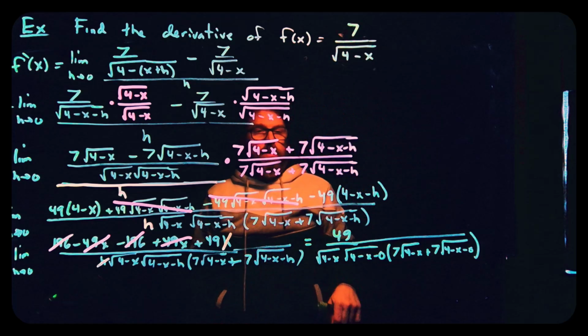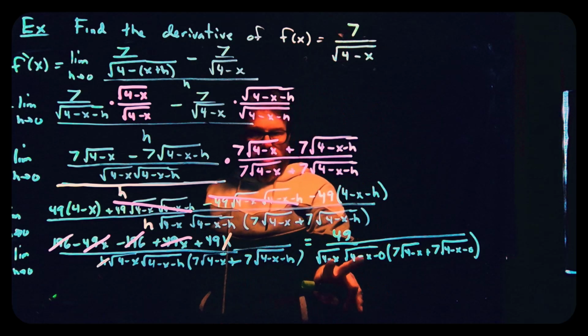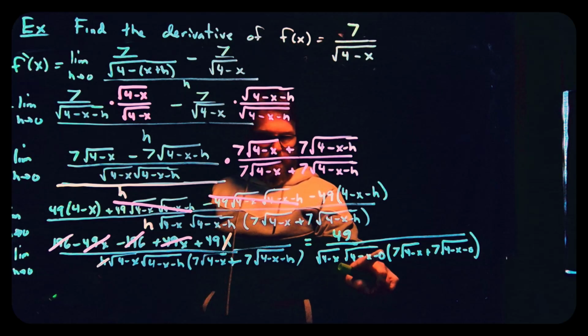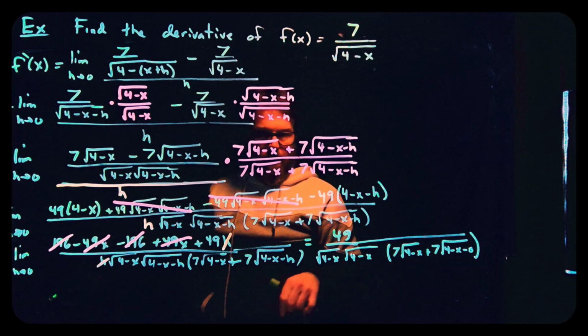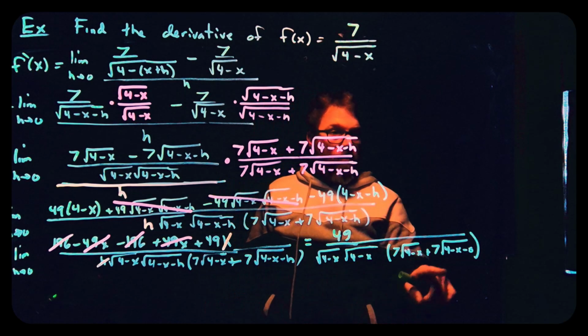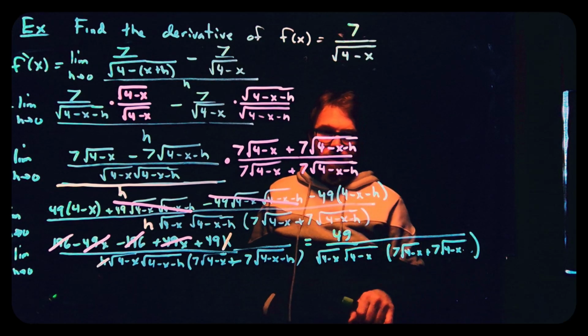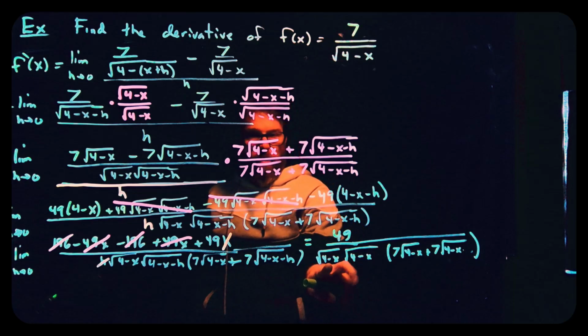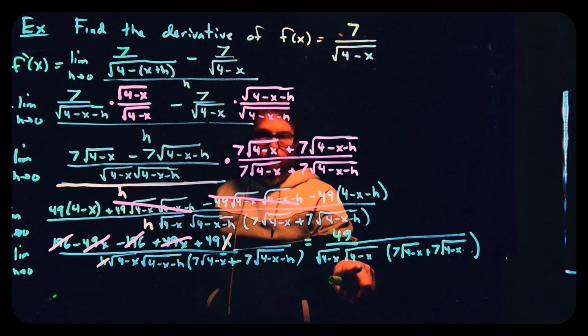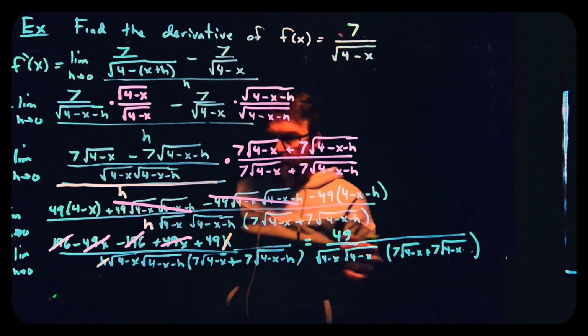All right, what I can do is now simplify that. This 4 minus x minus 0 is nothing more than 4 minus x. Same thing over here, this is nothing more than the square root of 4 minus x. So root 4 minus x times root 4 minus x is just going to be 4 minus x.